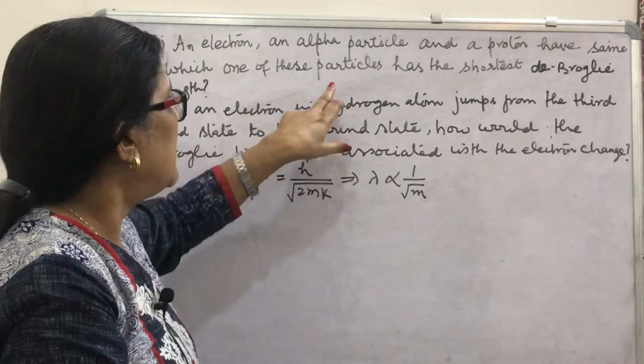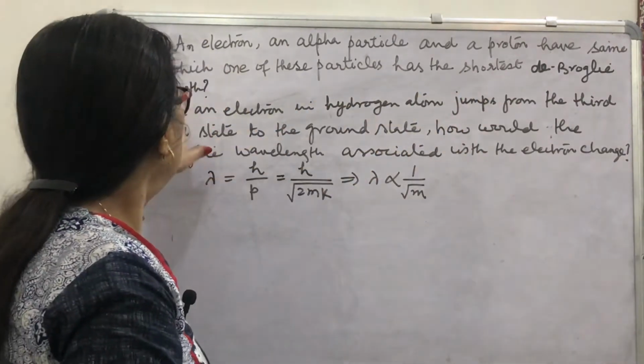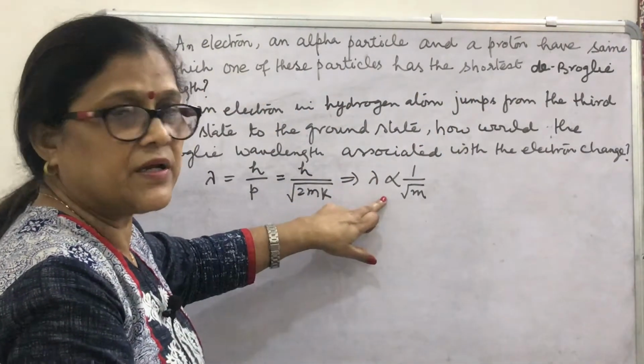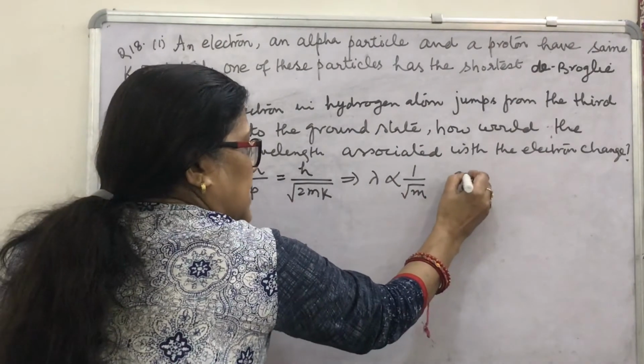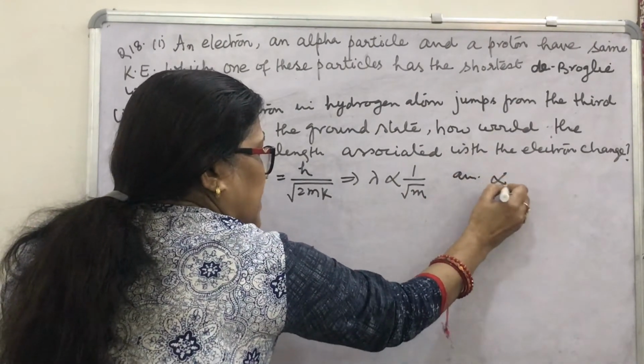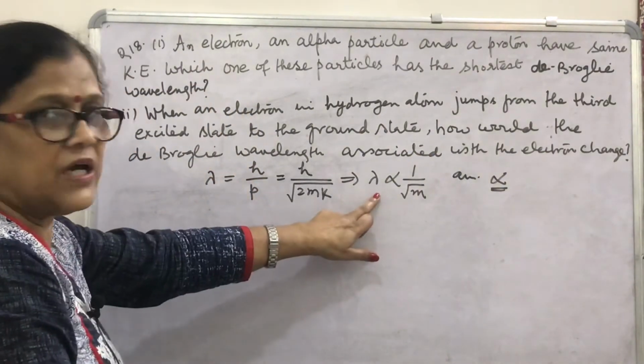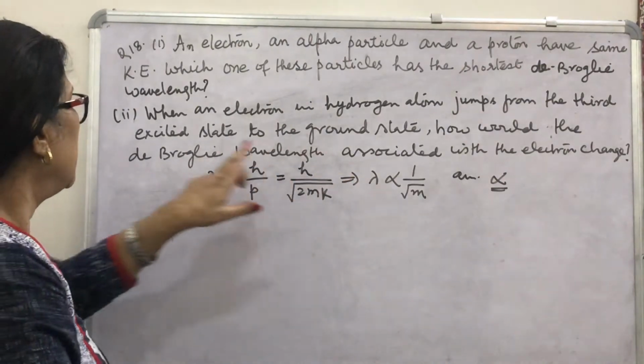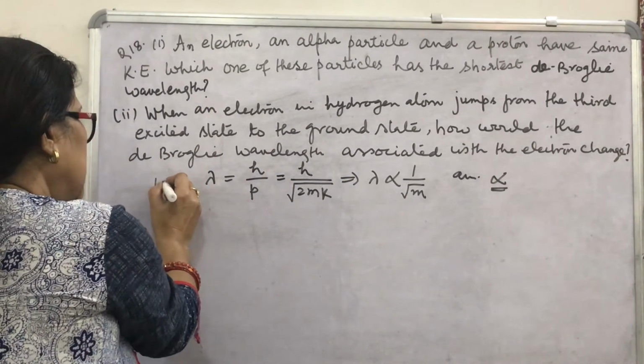So which will have the shortest de Broglie wavelength associated? Alpha particle. So what is the answer? The answer is alpha particle. This I have explained.